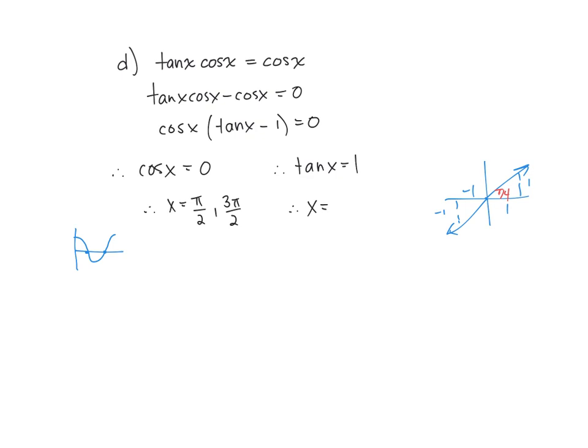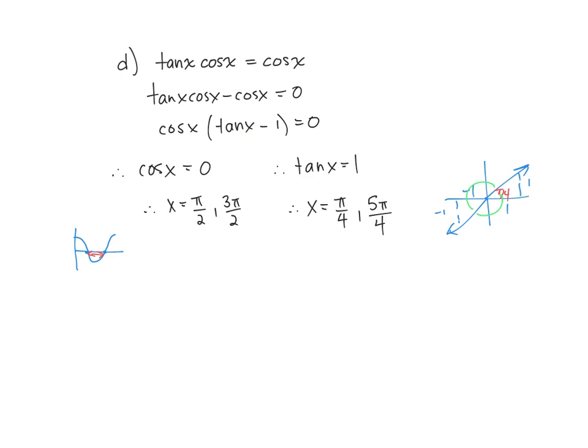So therefore tan is at 1 at our pi by 4 and 5 pi by 4. And then you go, okay, well, I know these ones occur equidistant from each other. These terminal arms are equidistant from each other, so I can write one statement there.